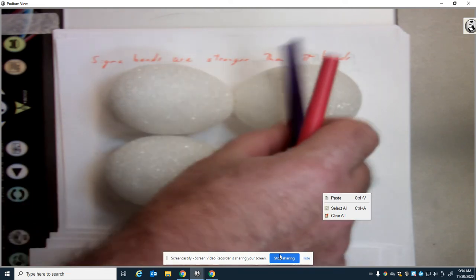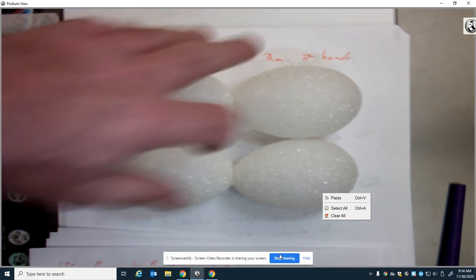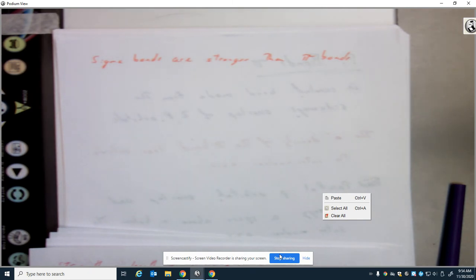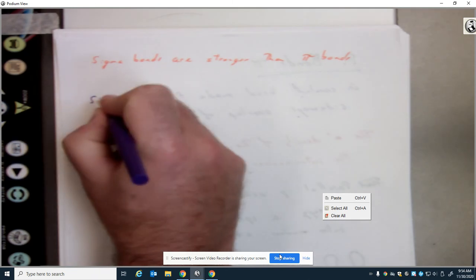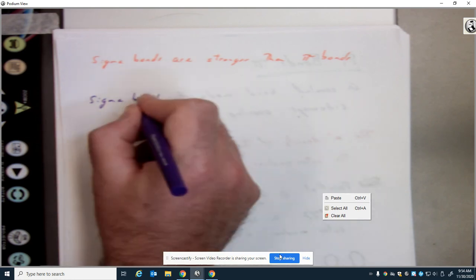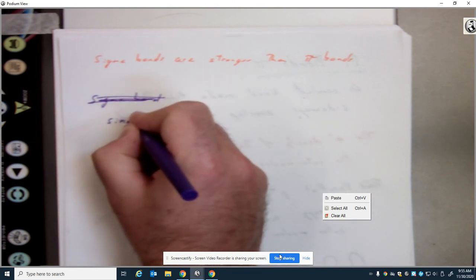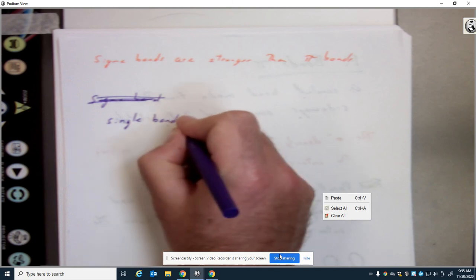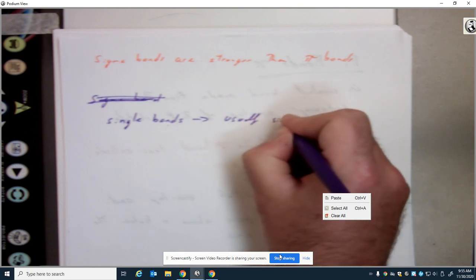Now, let's write this, and then we'll come back to this. Single bonds are usually sigma bonds.